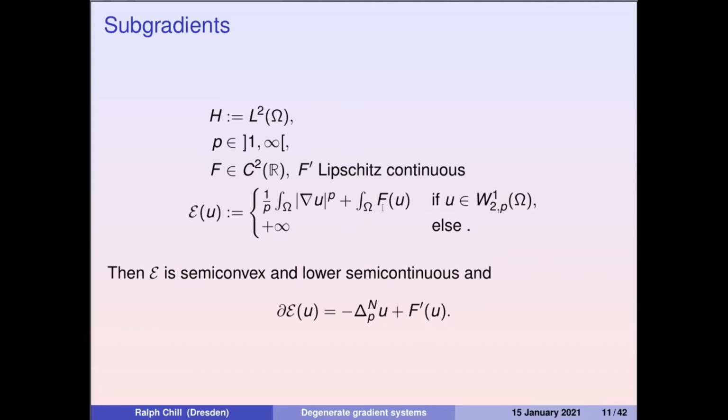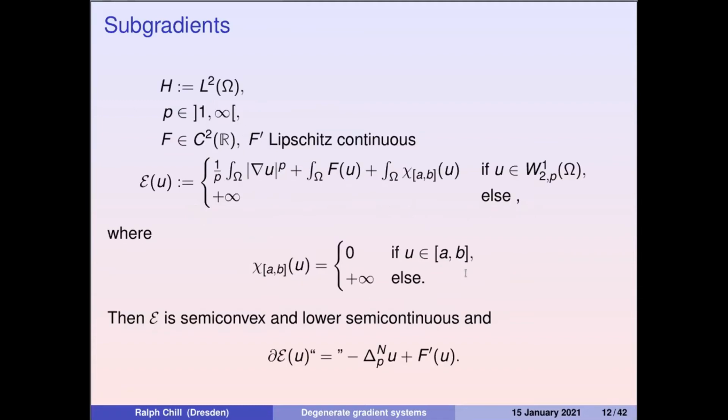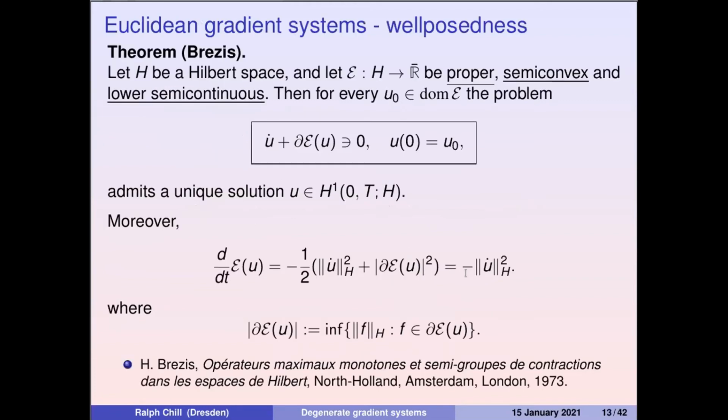And in order to make the integral convergent, here f prime is Lipschitz continuous, but that's not important. Also, this operator is a subgradient. And okay, we can also add obstacles, but that's not important.